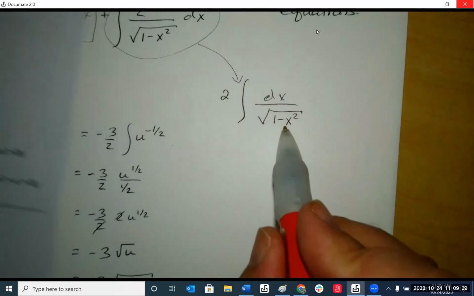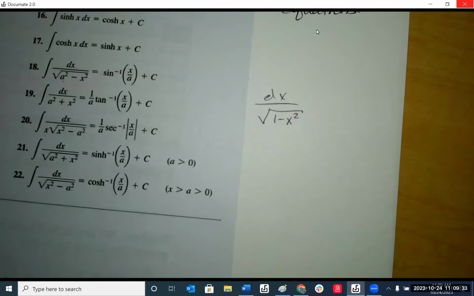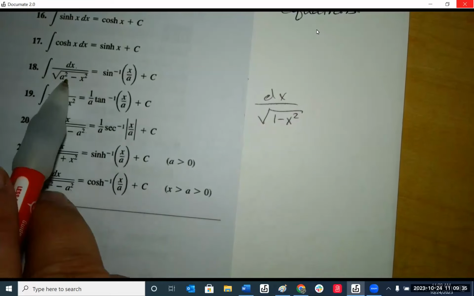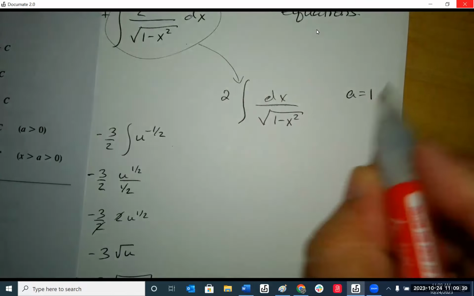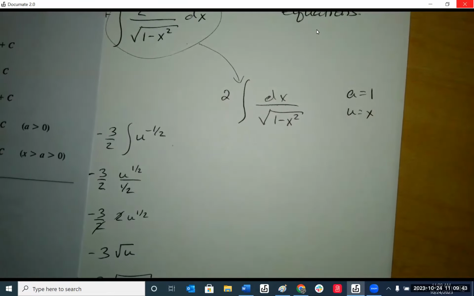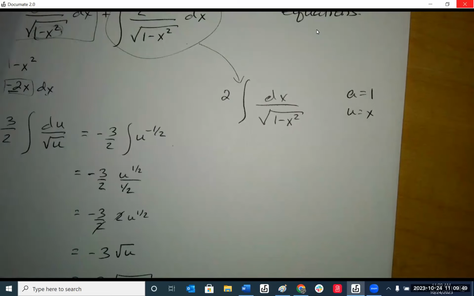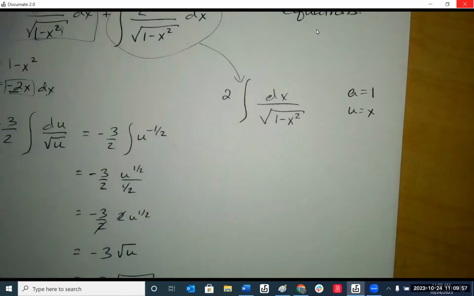So which one do you think this one will fit? Yeah, number 18. A is 1, u is x, because it matches a squared minus x squared.